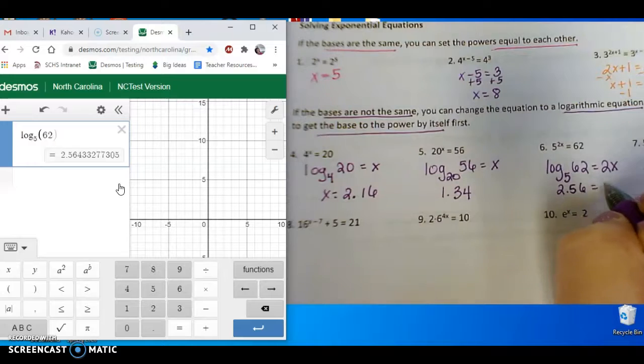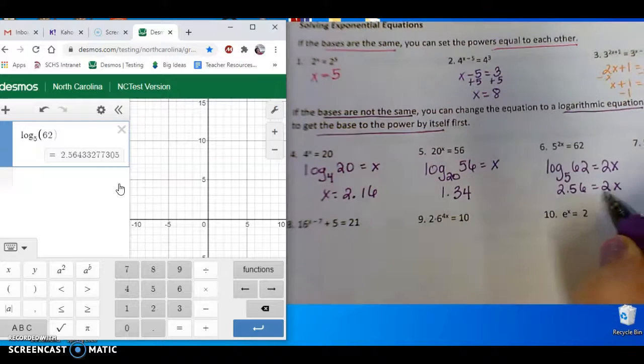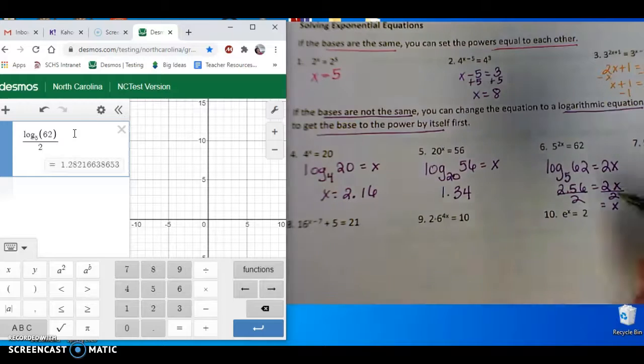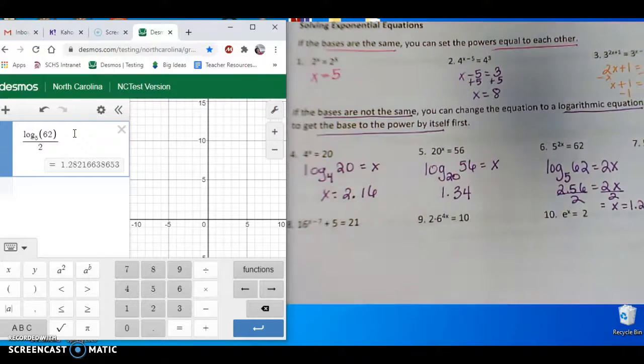But that's not the answer because it says 2x equals that. So what would we do to continue solving it? Divide by 2. And so up here, if you wanted to put divide by 2 right there, you could. And you get 1.28. I'm going to put it on this side since I'm in another room right there.